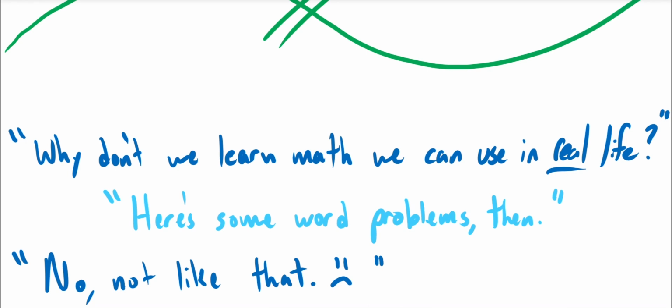Well, the criticism is unleveled then, because precisely word problems are how you apply this to real life. Now, whether or not those are good word problems or not, that's another discussion, right? Word problems can be very boring, and I get that.